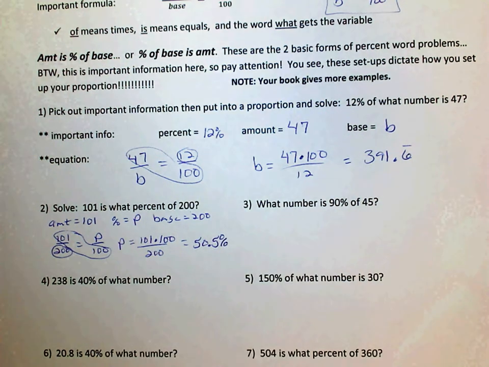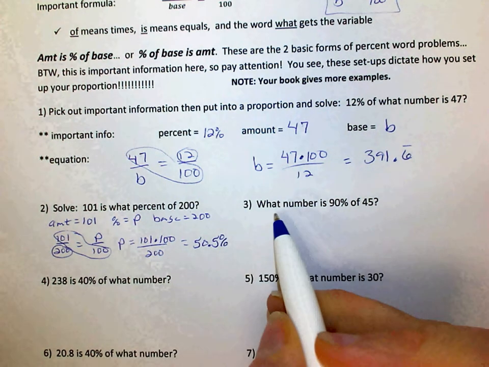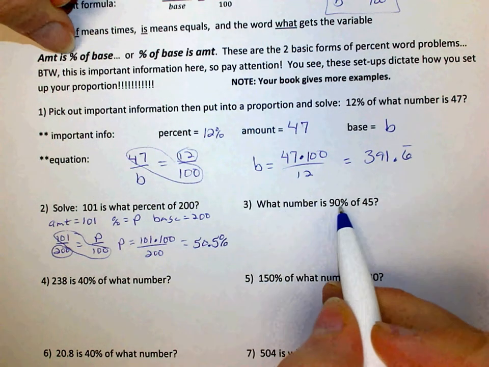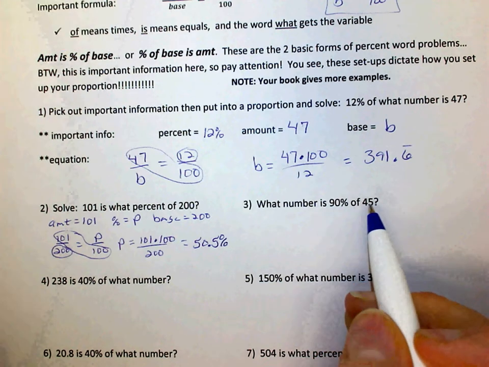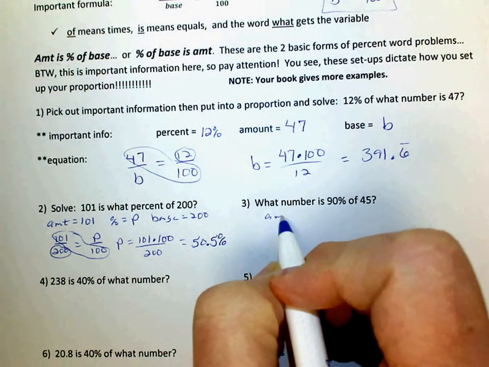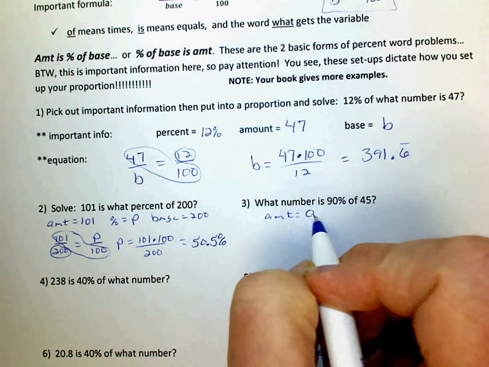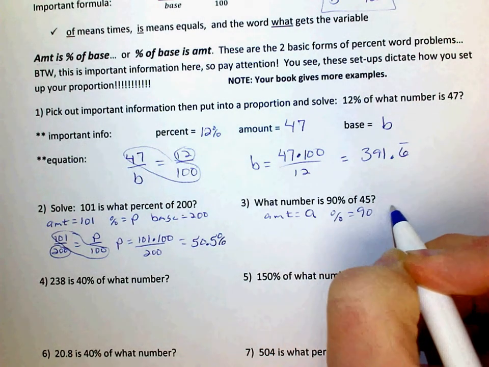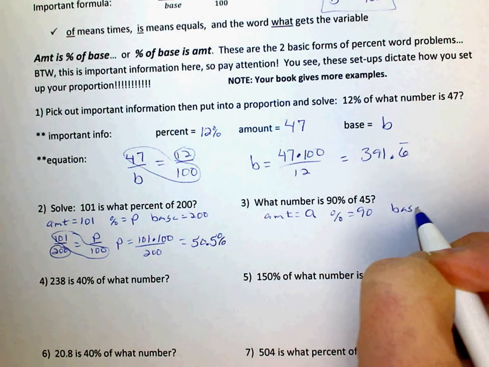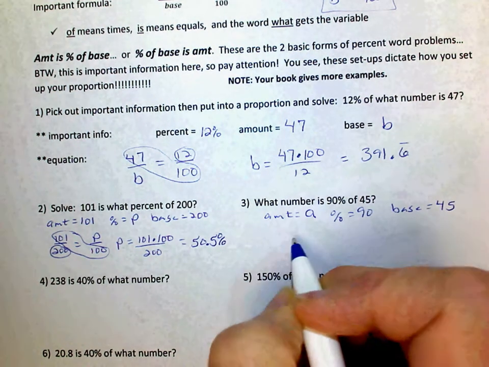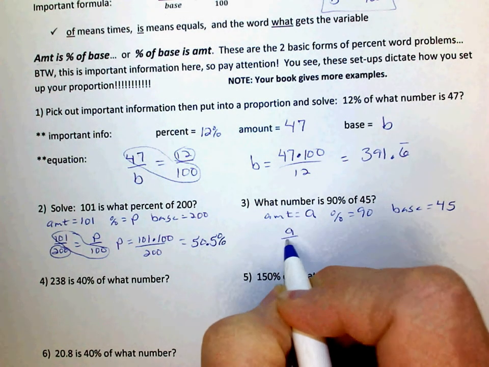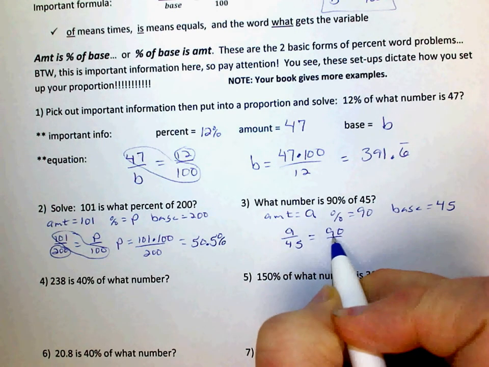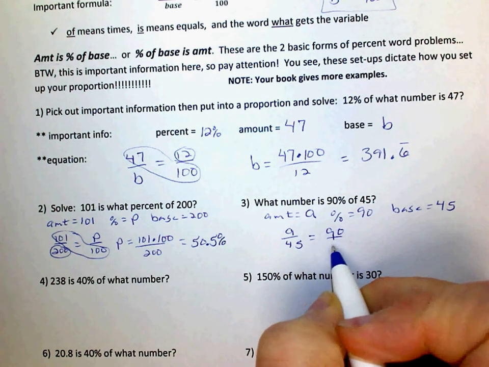Now, we're not starting with percent, so amount is percent of base. So our amount is an unknown. Our percent is 90. And our base is 45. So A over 45 equals 90 over 100, and I hate it when they put A's and 90s or 9's together.